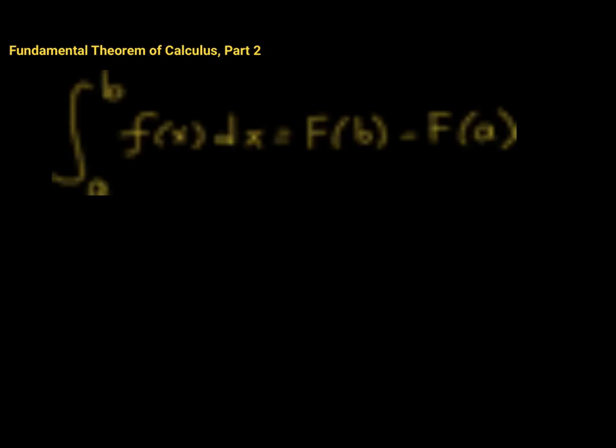Instead of calculating limits of Riemann sums, we can use this theorem, which says that all we have to do is find and evaluate an antiderivative. That's what capital F stands for, an antiderivative. We evaluate the antiderivative at b and a, the upper and lower limits of integration.